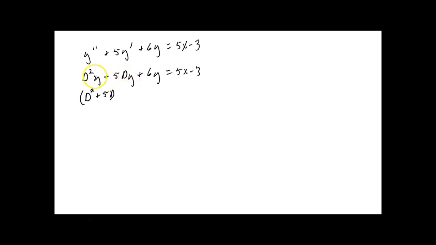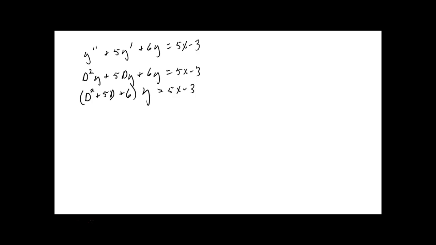What you're doing, you're factoring out the y and writing everything else. D squared plus 5D plus 6, y equals 5x minus 3. Now, that was what they asked for, D notation. I just took it one more step. Now, they did too, by the way.